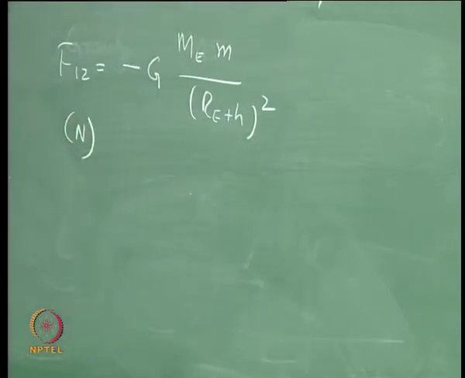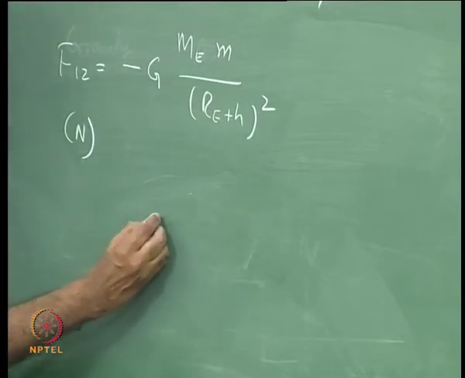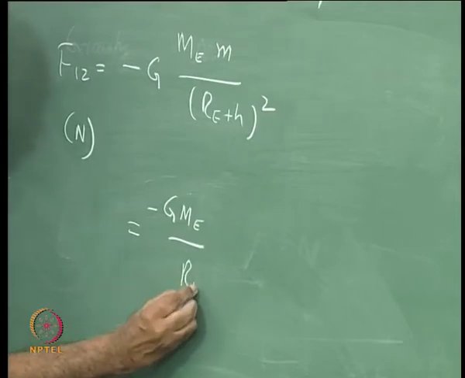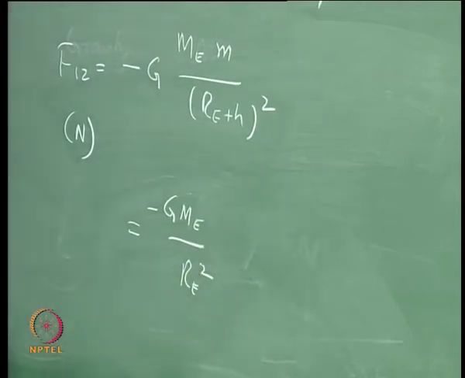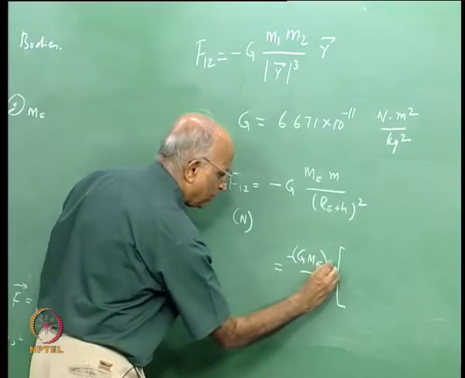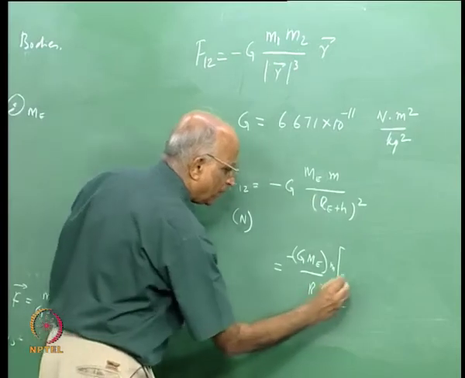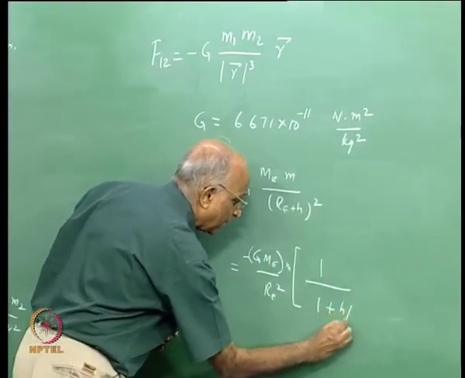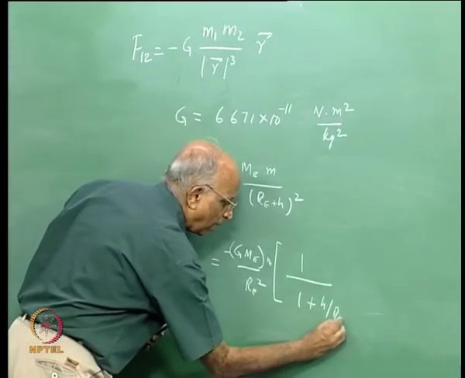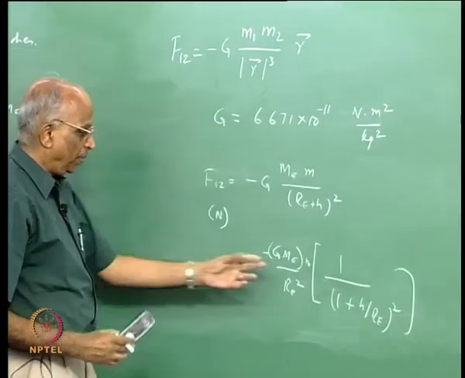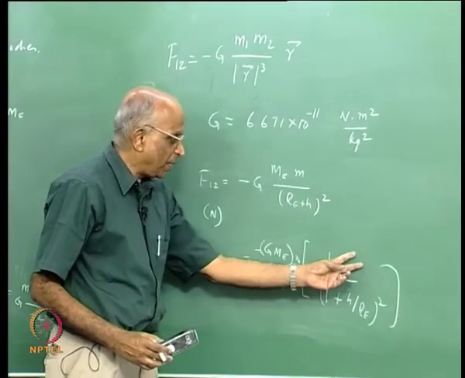Now I want to simplify it, so I write this as minus G me by re square, and within the bracket I put m into 1 by 1 plus h by re, squared. Taking it to the top, it becomes 1 plus h by re to the power minus 2.